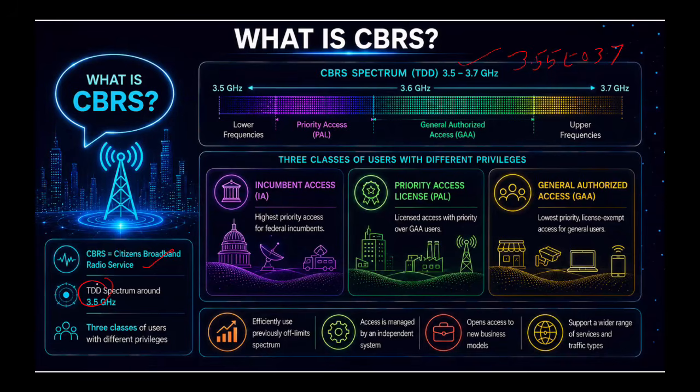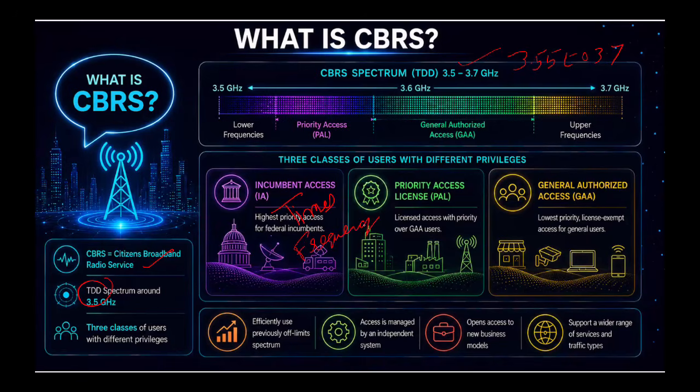And you know very well, in TDD, the same spectrum is used for uplink and downlink at different times. But in FDD, we use separate frequencies for uplink and separate frequencies for downlink. But here in TDD, the same frequencies can be used, but at different times. So time is the main thing in the case of TDD, but in FDD, frequency is the separation, right?